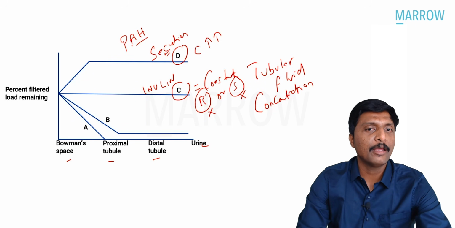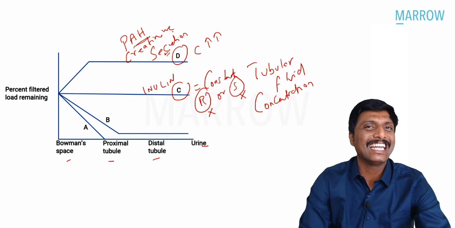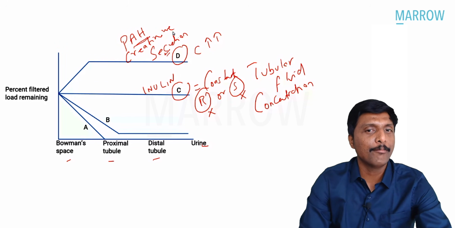Who is that guy? Para-aminohippuric acid. Not only him, one more guy. D also stands for this guy. Remember, future MCQ, he is none other than our creatinine, which will have secretion. Para-aminohippuric acid and creatinine.